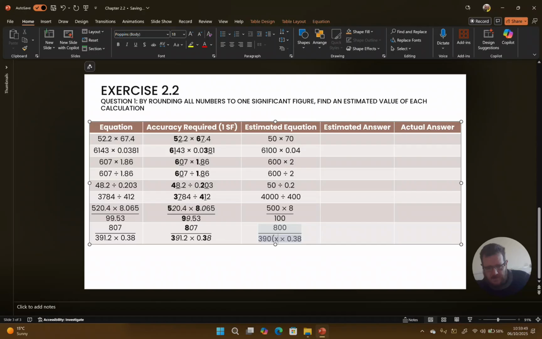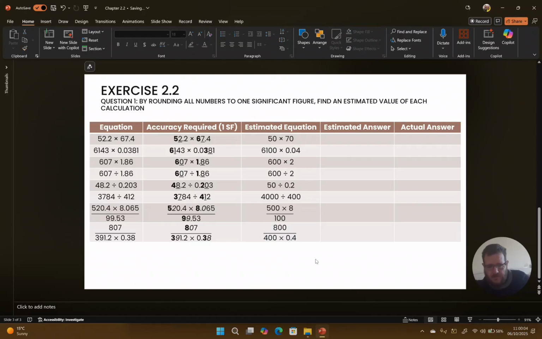This one rounds up to 400 because that's going to be 0 and 9 is greater than 5, and that goes up to 0.4. They're going to be particularly interesting later. Those ones, that one also needs special attention as well, along with that one as well.